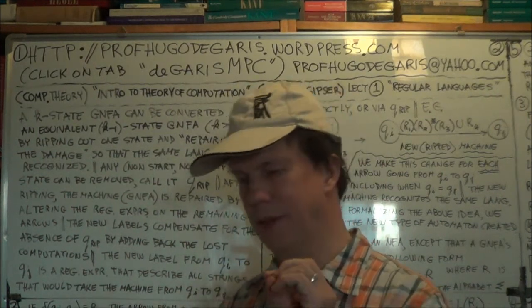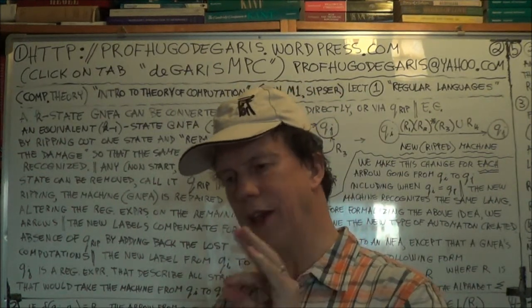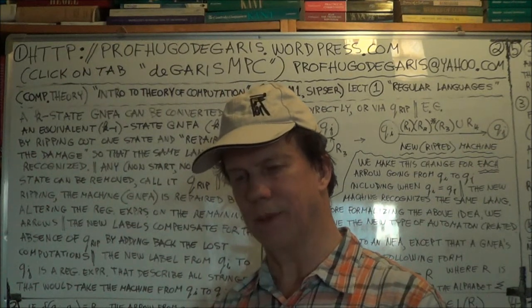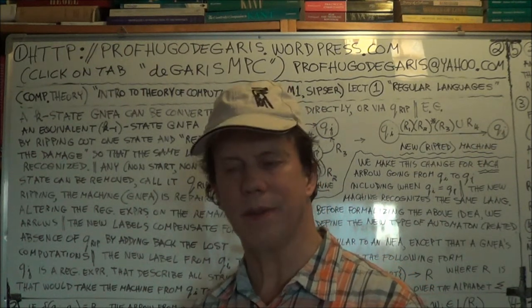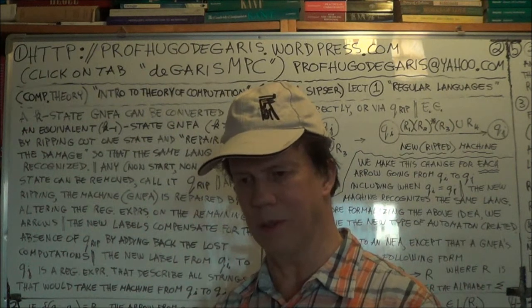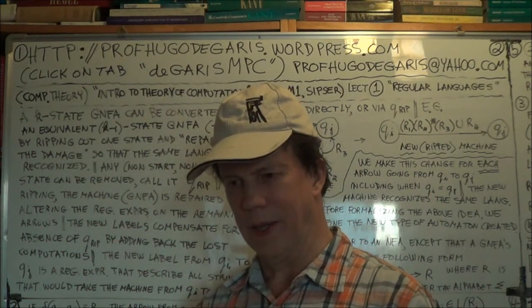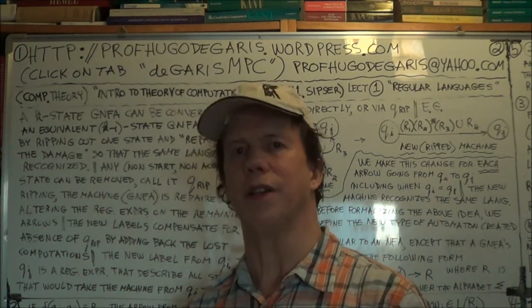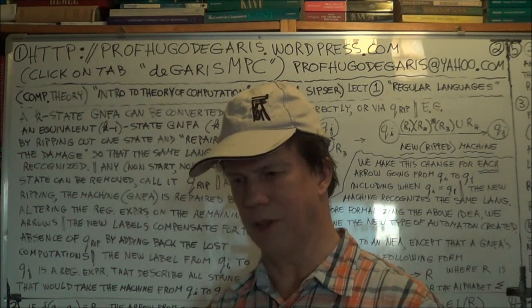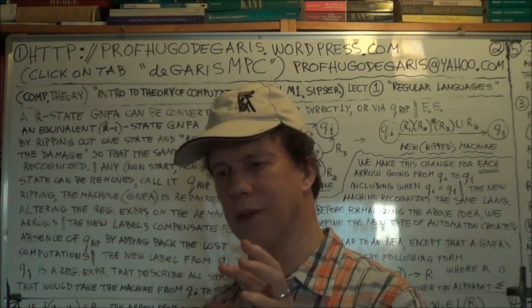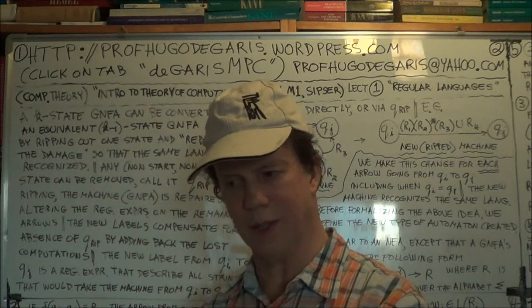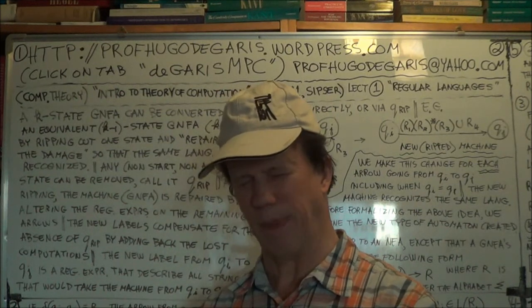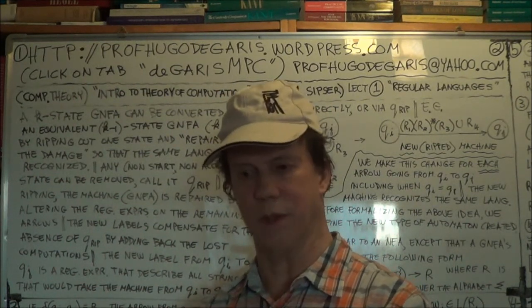If your DFA has, say, k states, then to convert that into a GNFA, we add two more states, a start state and an accept state, just one of each.